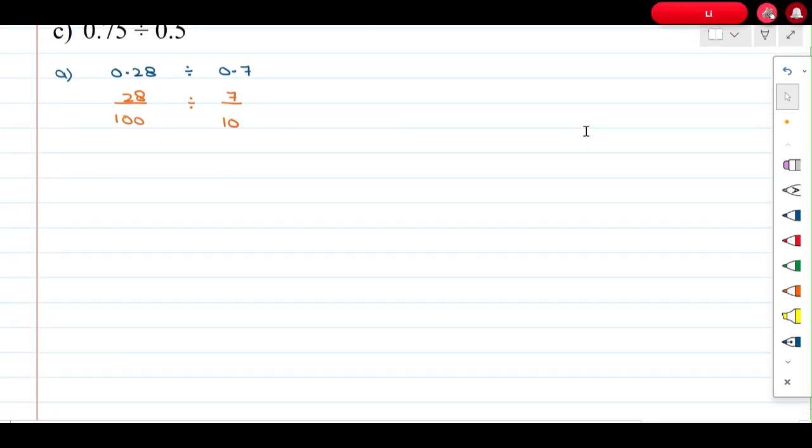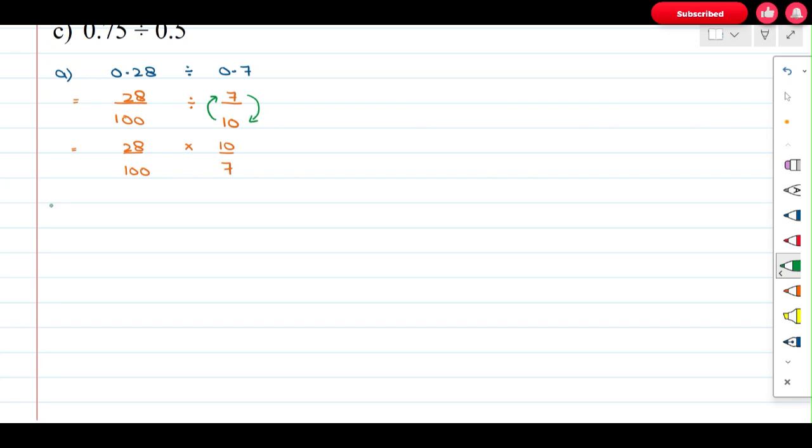Okay. Now in the next step, we have to change the division to multiplication, right? So whenever we change the division sign to multiplication sign, the first fraction 28 over 100 stays the same. We have to do the reciprocal of the second fraction, which is 10 over 7. Reciprocal is basically when you switch the numerator with the denominator.